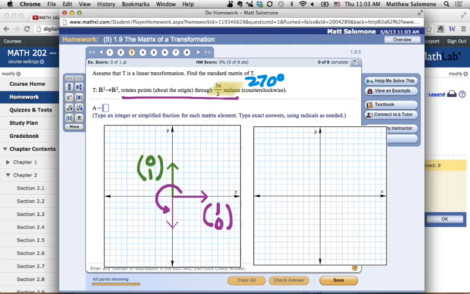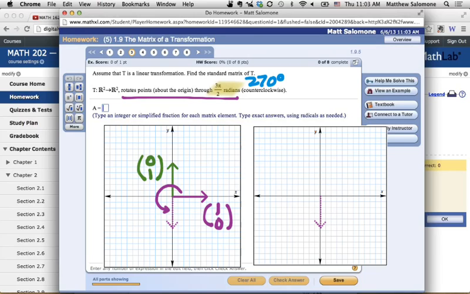270 degrees being 3 right angles. If we start on the positive x-axis and go 270 degrees counterclockwise, we end up on the negative y-axis. What vector describes where it lands? Zero, negative 1. So I'm going to paste this over here. There we go.